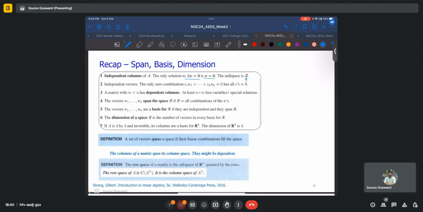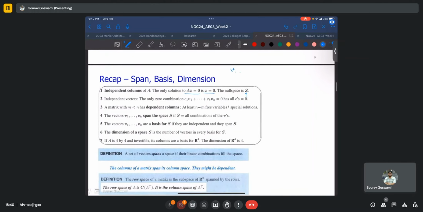So for any set of vectors v1, v2 up to vk, they are linearly independent if C1 v1 plus C2 v2 plus up to Ck vk is 0 only for C1 equals C2 equals C3 equals Ck equals 0.